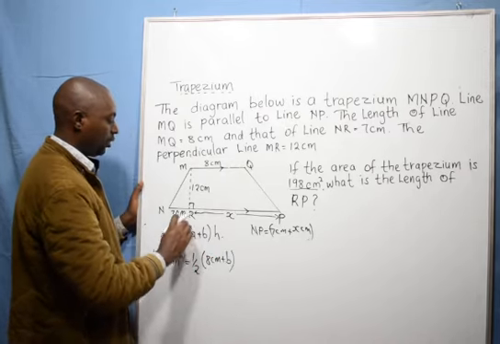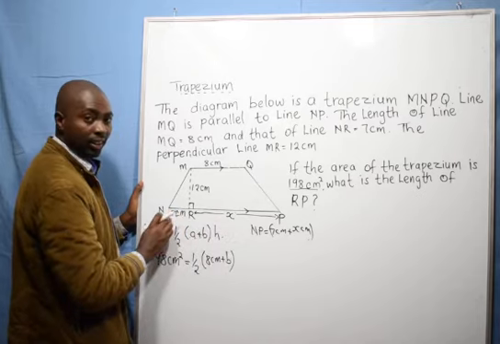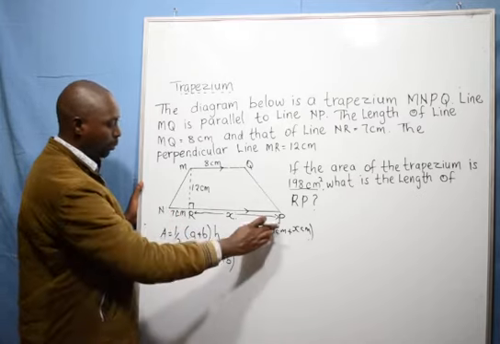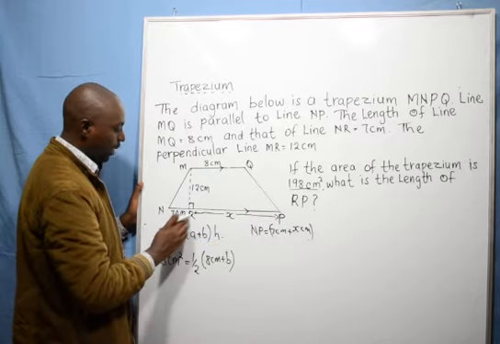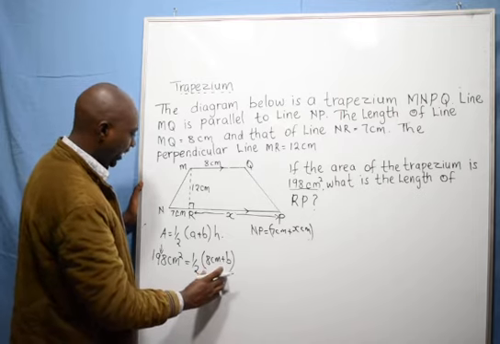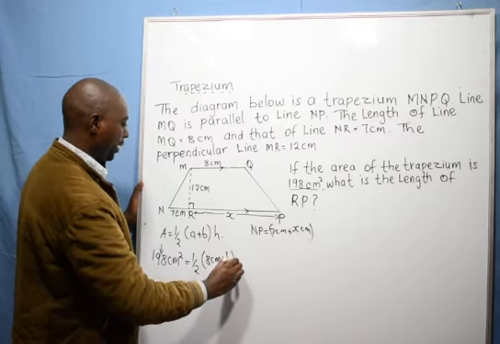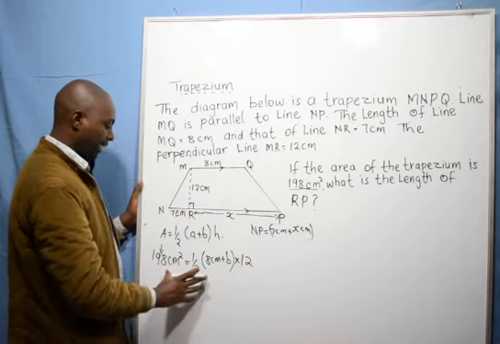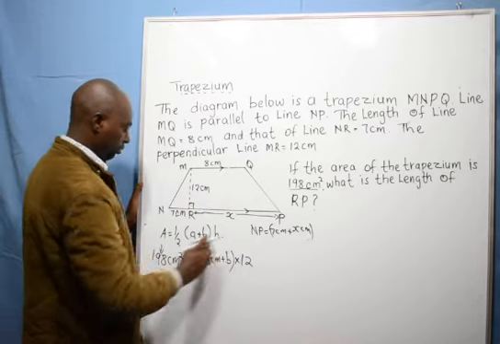You can't write B as 7, because you need B from N up to P, and 7 is N to R, a very short section. So what you need here is multiplied by the height, which was 12.